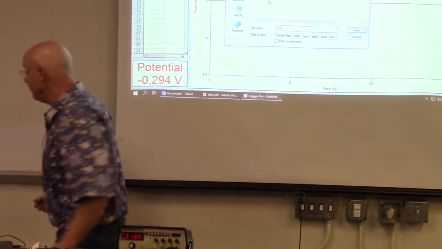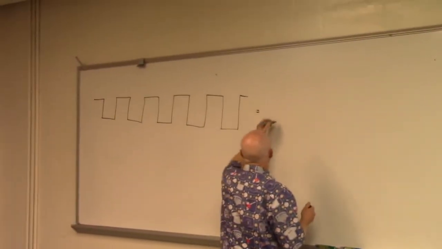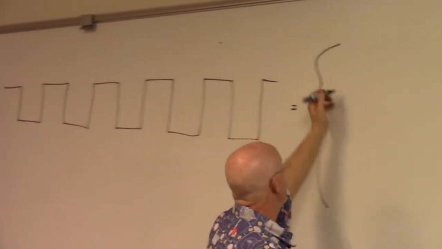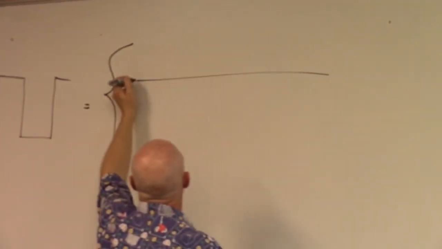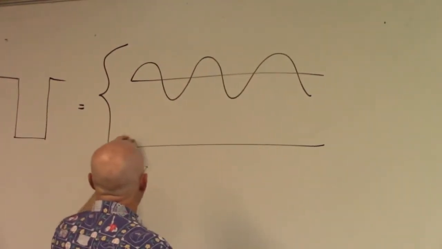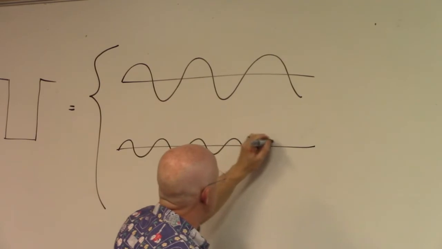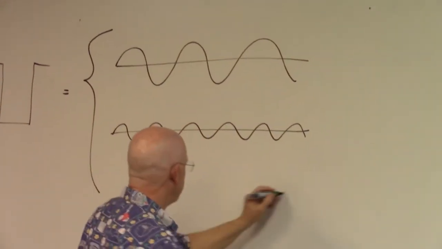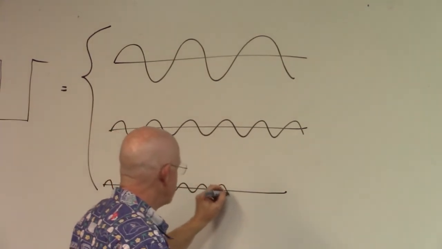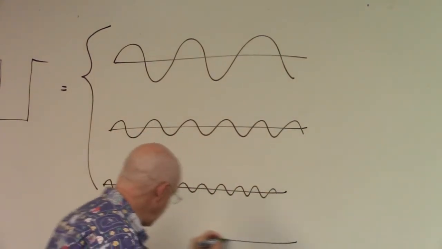My marker. Here's what I'm trying to say. This complex wave right here is actually made up of a wave that looks like this, plus a wave that looks like this, a simple wave, plus a wave that looks like this, plus more.